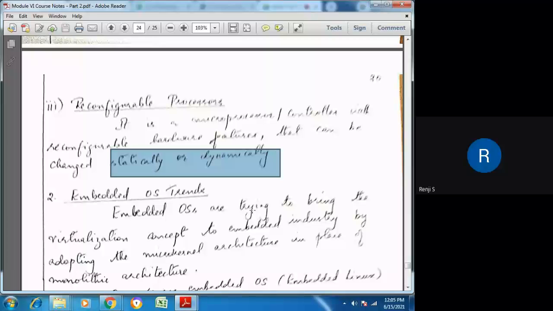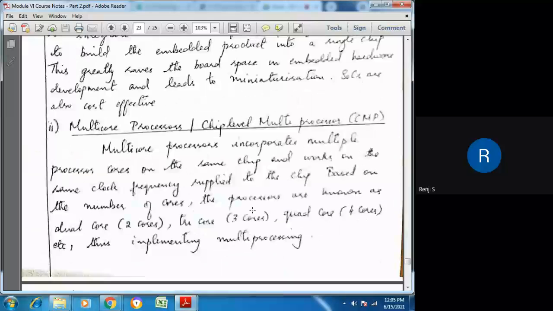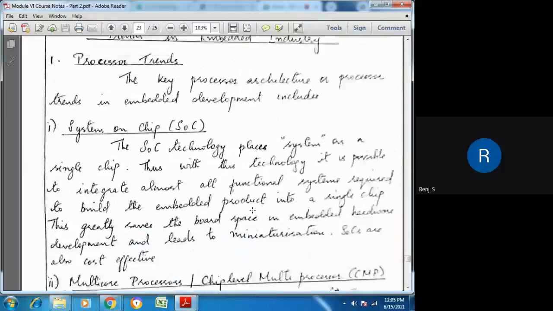Most of the controllers can be programmed using external devices. So you can configure the processor and then use it for your specific applications. So these are the 3 advancements in processor technology.